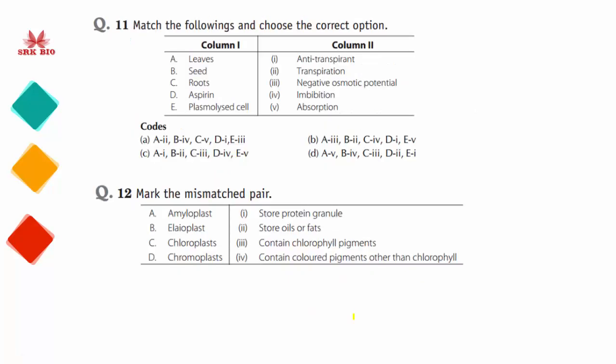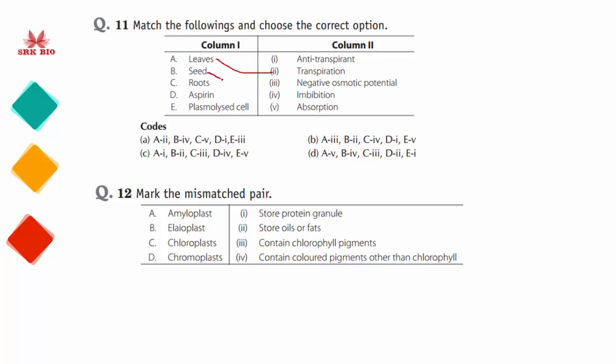Then moving to the last two questions. Match the following. Let's see what each one does. Leaves are involved in transpiration because loss of the water occurs in the form of vapor through the stomata, and stomata are distributed on the epidermis of leaves.